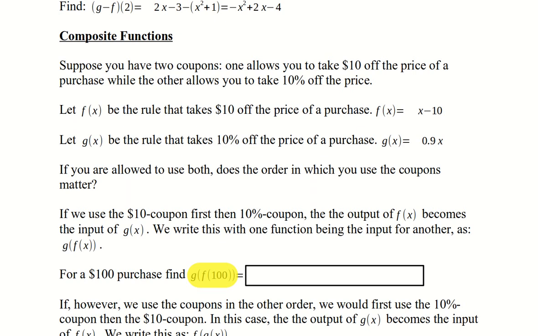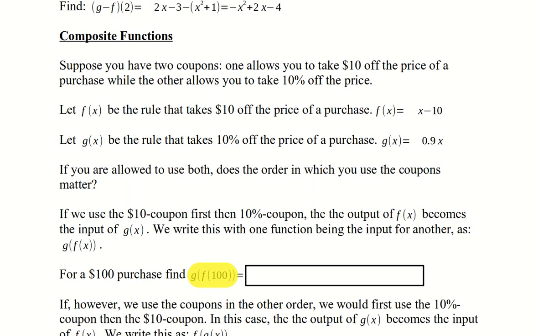In other words, it looks like we start with the $100 purchase, and then we do f, the function called f, so that would be subtracting 10, and then we do g. Notice that that's the way we do things inside of parentheses. We work from inside out.